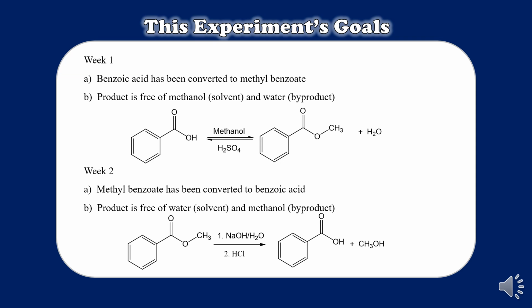Next, we'll take that product and hydrolyze it back into benzoic acid and methanol. And again, we'll prove that the product we've created is completely free from solvent and byproduct and characterize it using IR and NMR spectroscopy. At the end of this, we'll assess exactly how much yield we were able to achieve in each of the two reactions, thereby hopefully demonstrating that we can use the reaction in either direction.